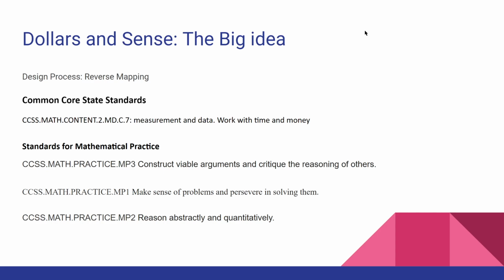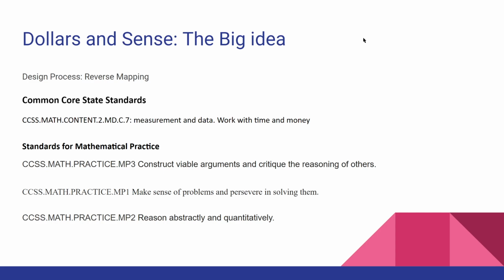So the Common Core state standards that went along with this is the one you see before you here today: measurement and data, working with time and money. No surprise given what I was just talking about. The standards for mathematical practice were constructing viable arguments and critiquing the reasoning of others. There are going to be some points in here where they're going to discuss what the best path is to do certain things, and that's what I wanted to use for that. Also, make sense of problems and persevere in solving them.